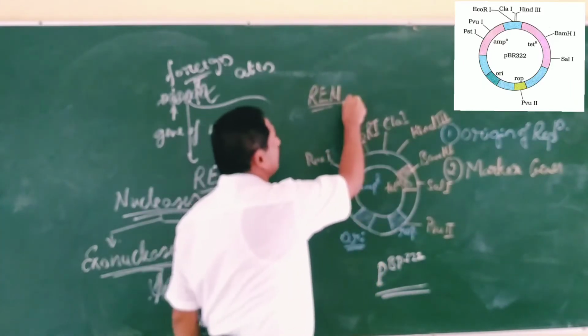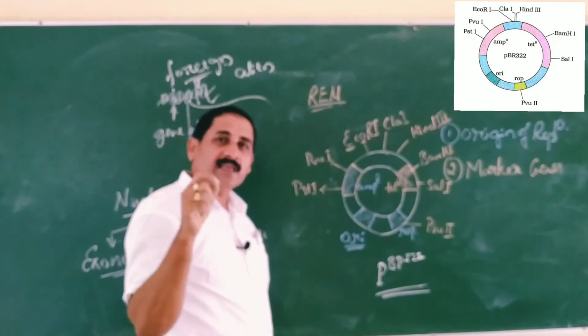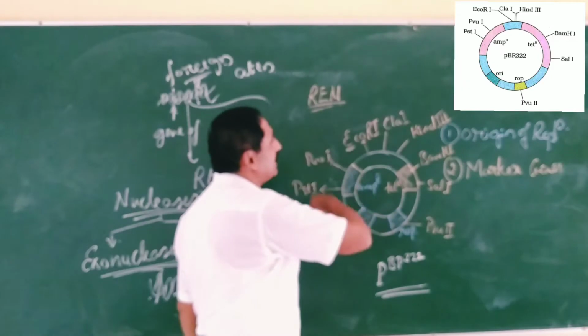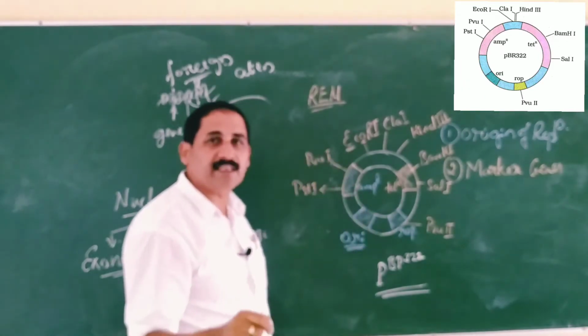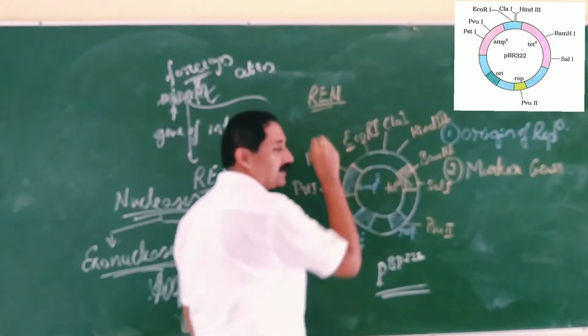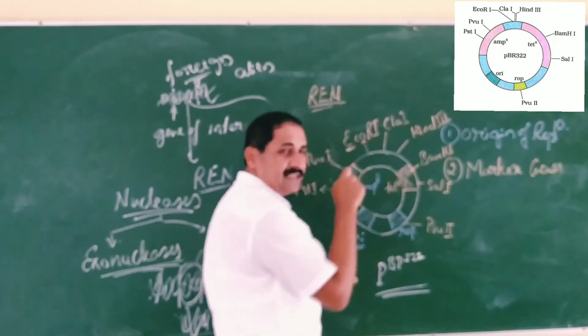All these RENs are extracted from different bacteria, so the first letter indicates the genus of the bacterium from which the REN is extracted.